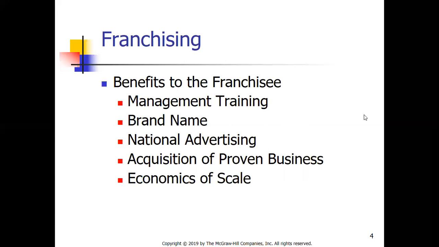And then the second one is the procedure itself. When they have all these procedures outlined in the standard operating procedure, it basically guarantees consistency across units.